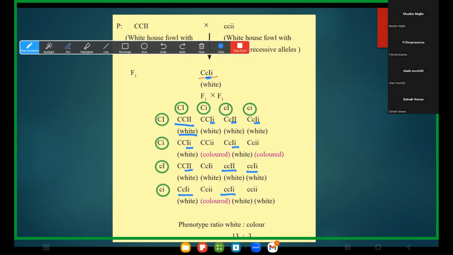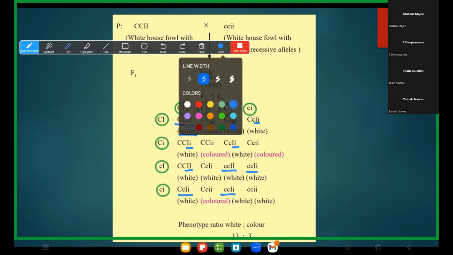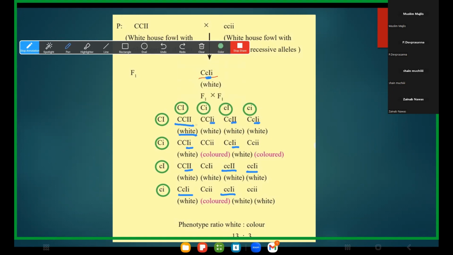Similarly, if we consider the simple c, the recessive genotype for the coloring pigment, wherever both alleles are simple recessive, then they would also express white color.